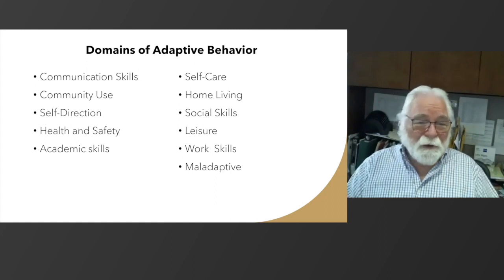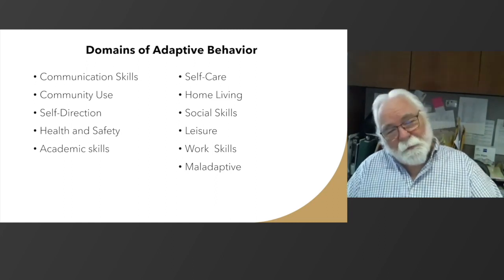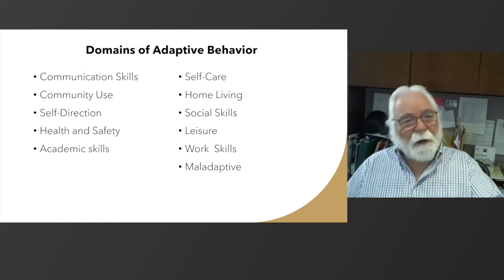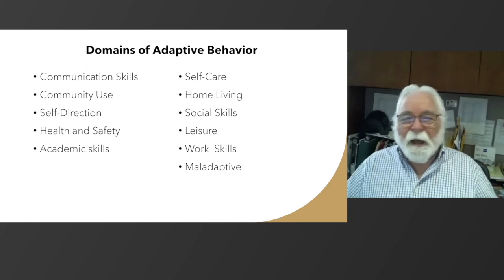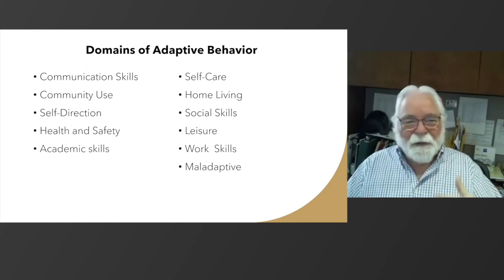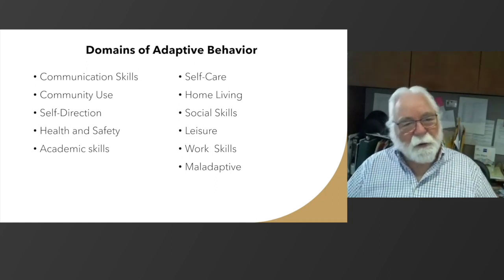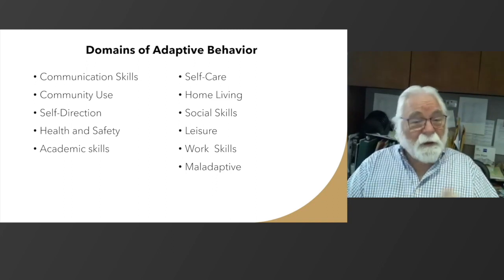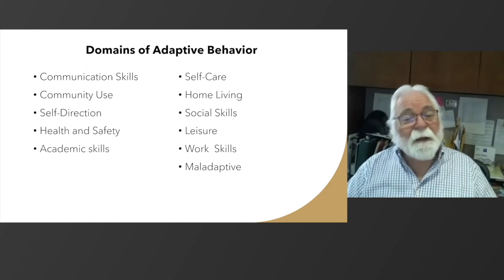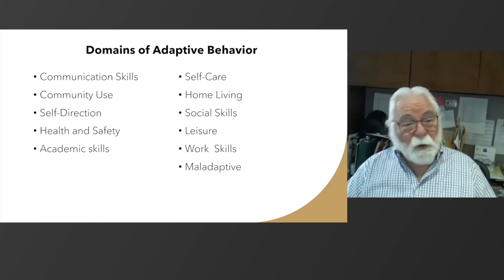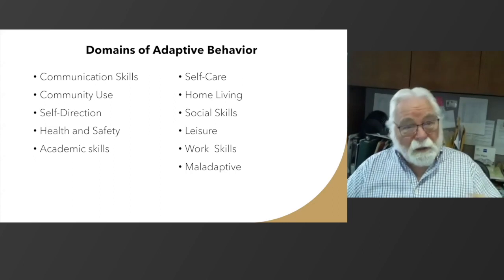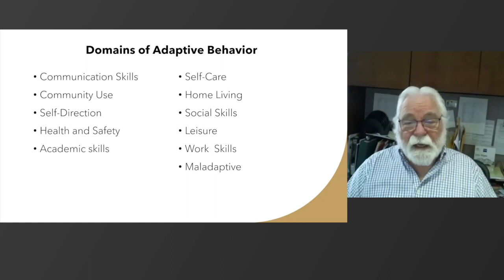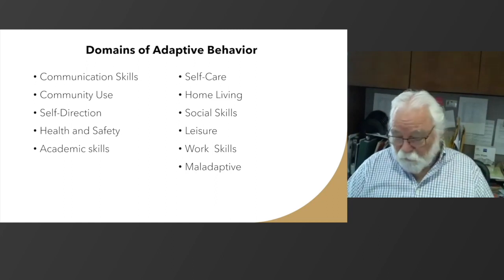If you have a child that's really poor on the maladaptive scale, you're going to have data from other places that is well known to folks that you can work with and identify, okay, what are we going to work on first, in terms of self-regulation and things like that. So the maladaptive scale only has a few items, which is good, and typically it's the smallest scale, and it just gets at negative behaviors that can get in the way of learning. It's basically what it is.